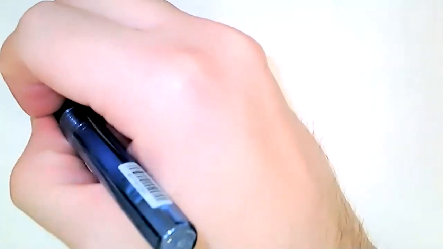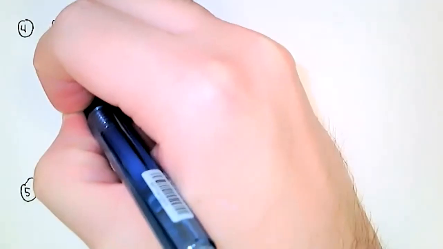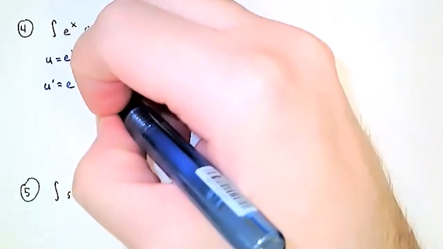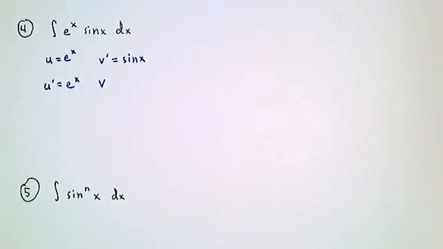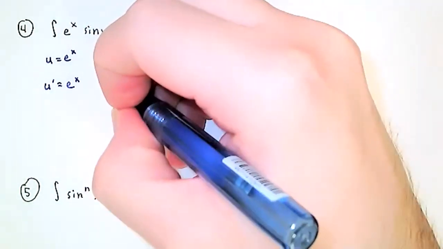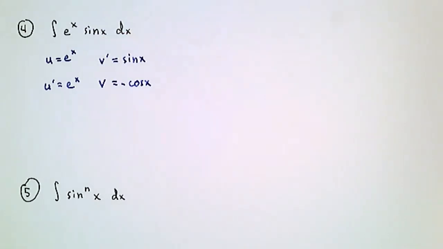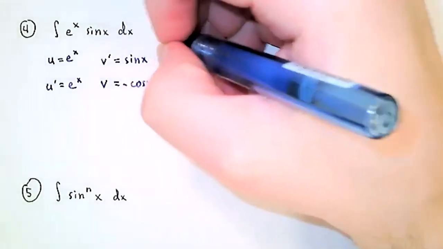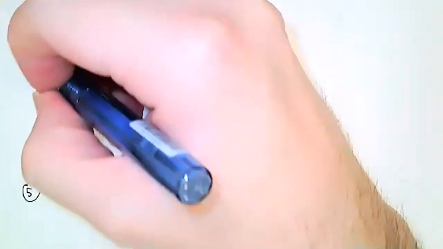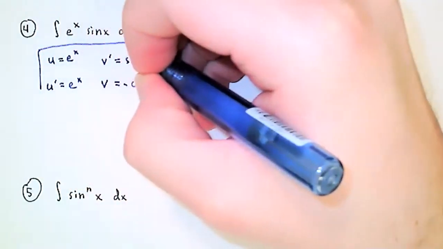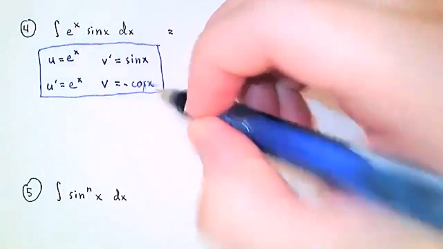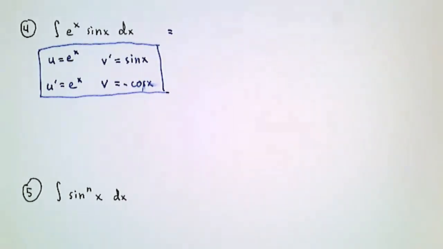And then u prime, the derivative of e to the x, is e to the x, and the antiderivative we're going to have for v prime is minus cosine of x. So let's box this in.